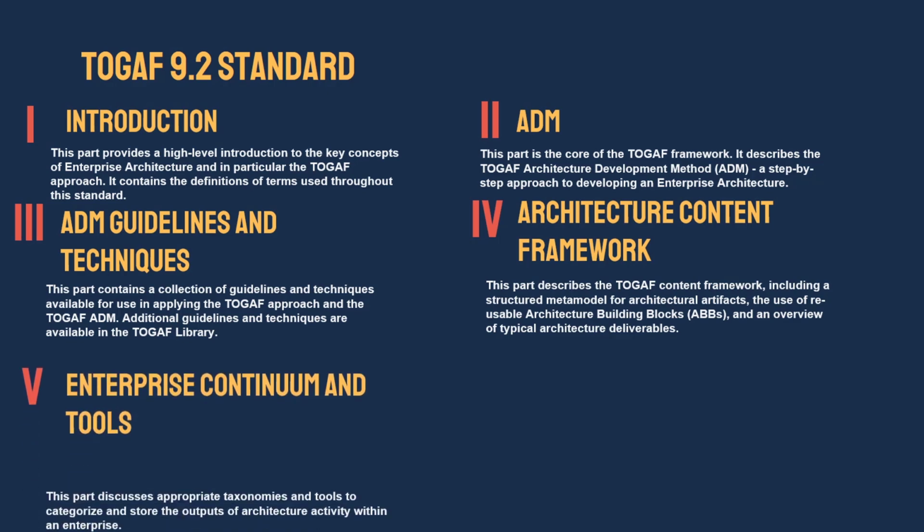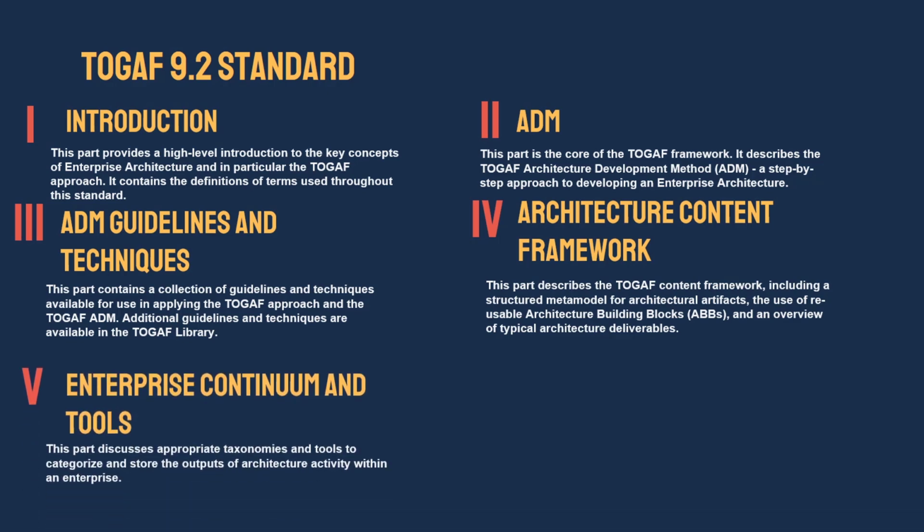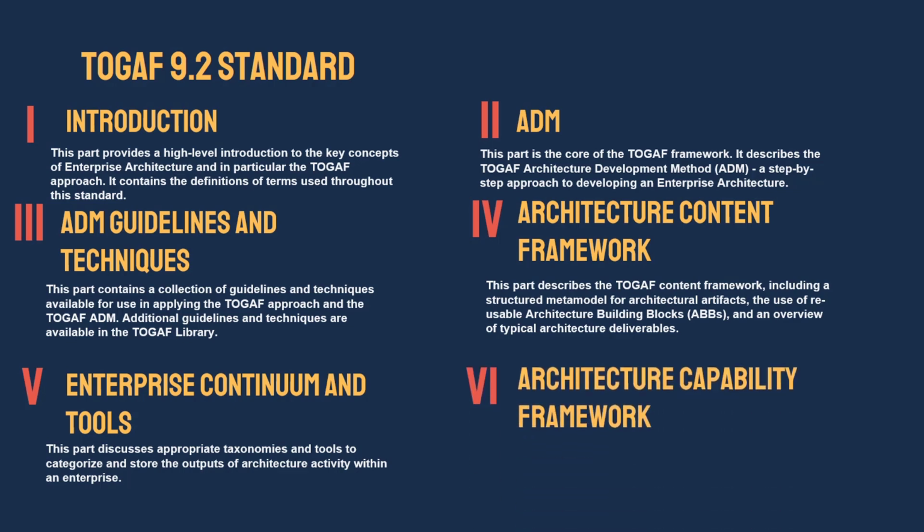This part discusses appropriate taxonomies and rules to categorize and store the output of architecture activity within an enterprise. 6. Architecture Capability Framework. This part discusses the organization, processes, roles and responsibilities required to establish and operate an architecture function within an enterprise.